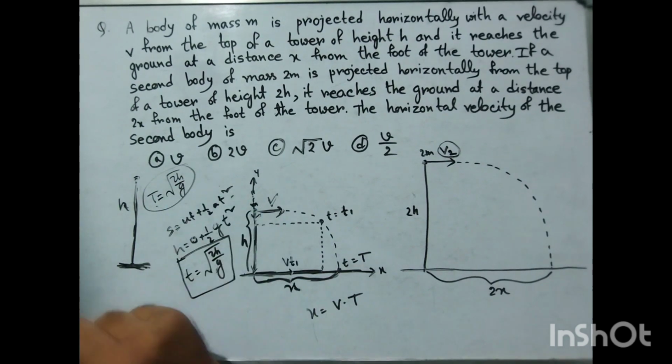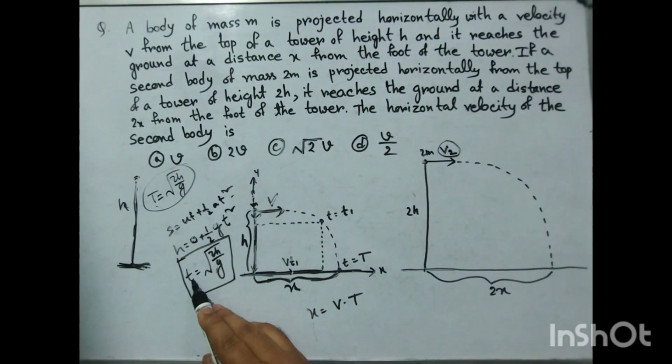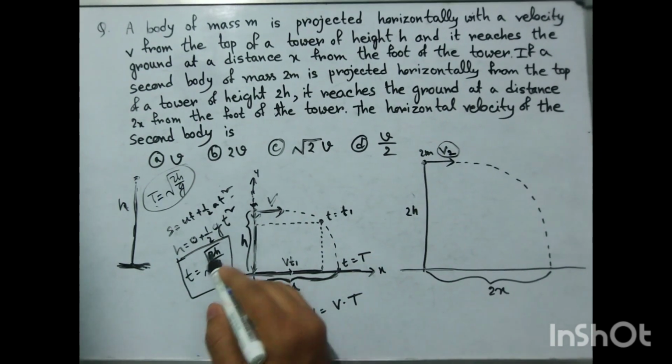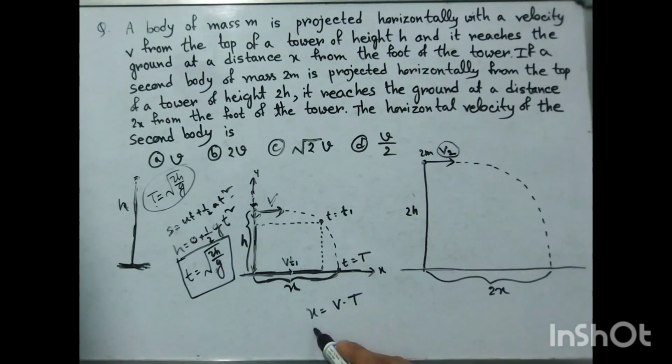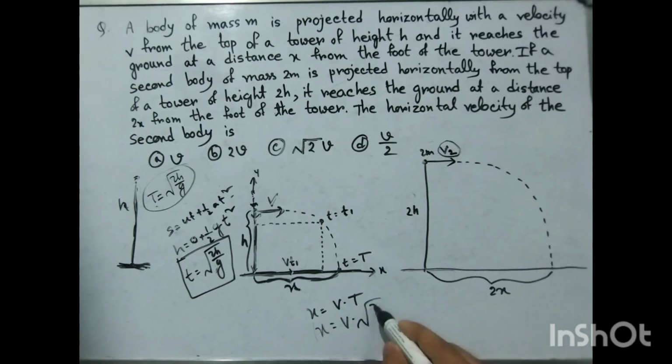You have to remember this for competitive exam purposes. So here x will be v into t, so v into root 2h by g.